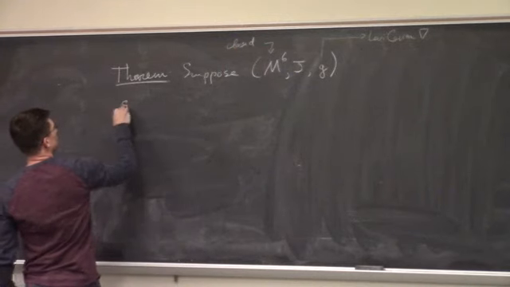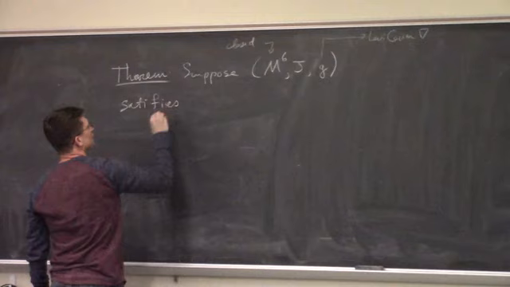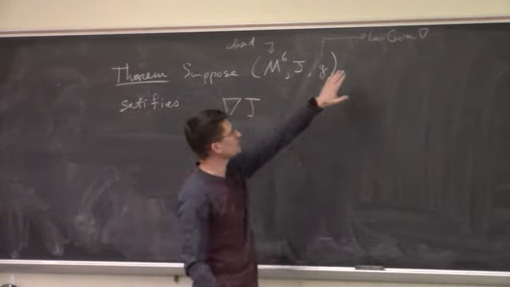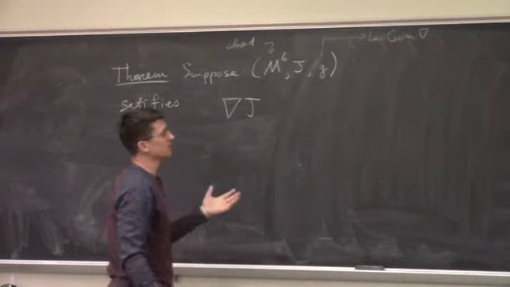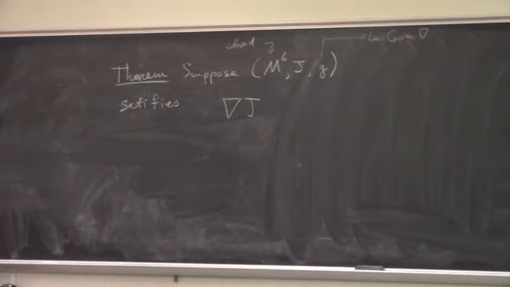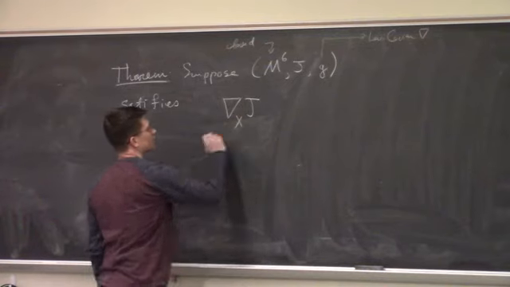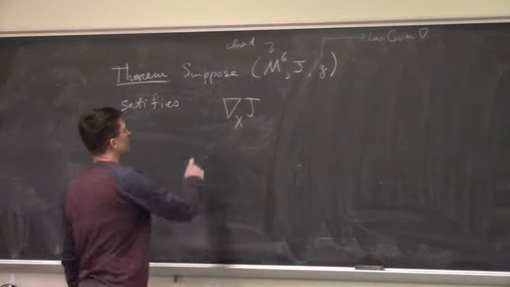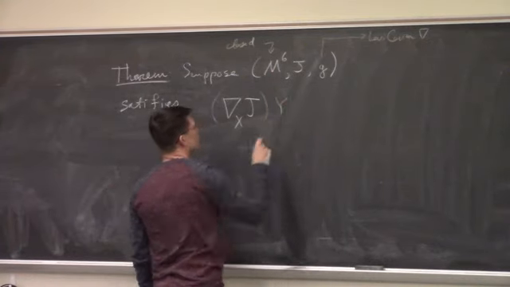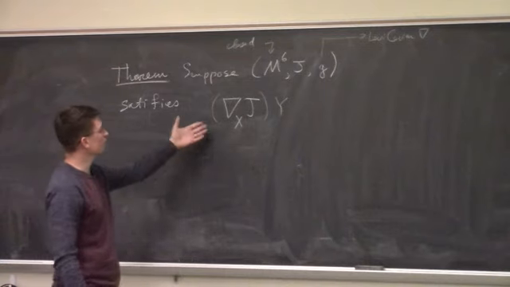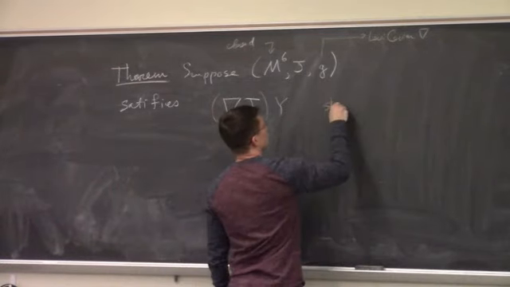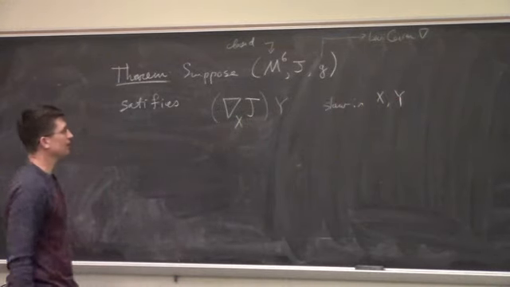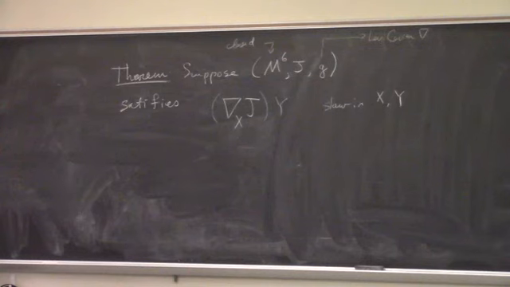And I'm going to suppose that this satisfies the condition that the covariant derivative of J, so this is a connection on a tangent bundle, but I can extend it to a connection on endomorphisms of the tangent bundle. So I can differentiate this J in the direction of a vector. And that gives me a new endomorphism. And I can apply that endomorphism to any given vector. And I want to suppose that this is skew in x and y. So that's my assumption.